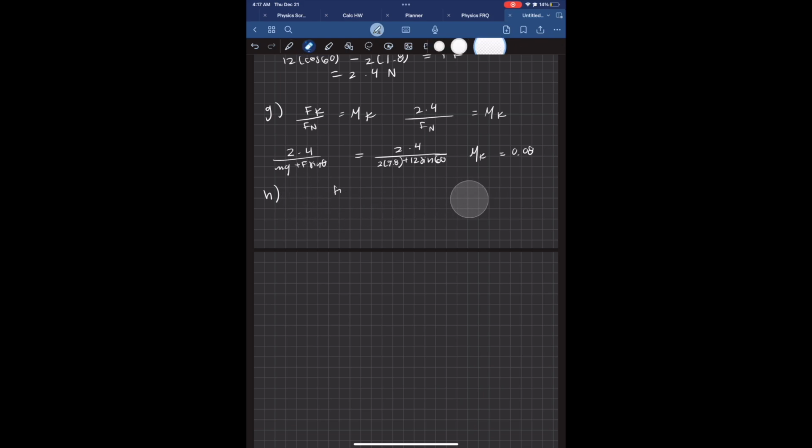I don't know why I wrote increased, anyways, scratch it off. When the applied angle is decreased, then the acceleration is going to increase because f_x is going to increase. And since f_x is increasing, there's more net force. Therefore, there will be more acceleration.